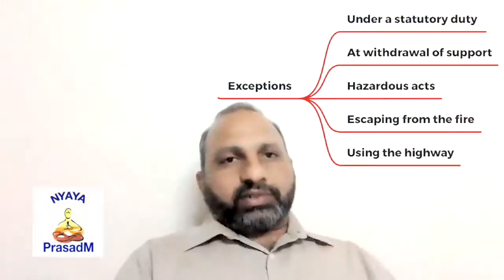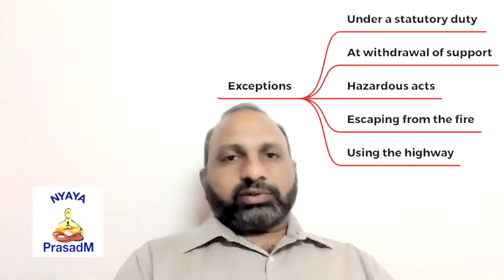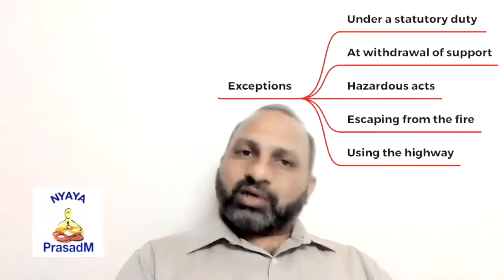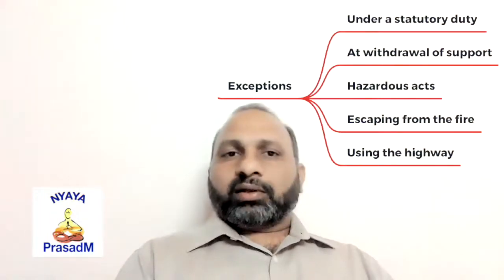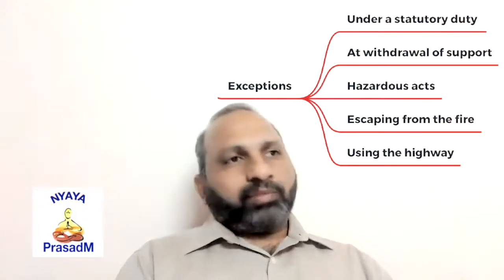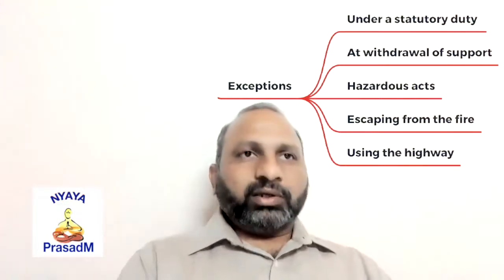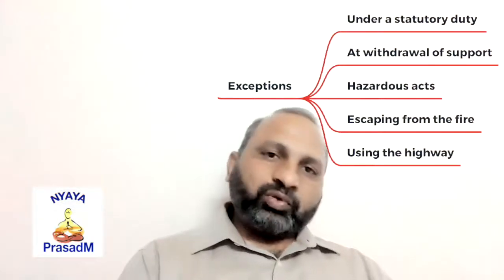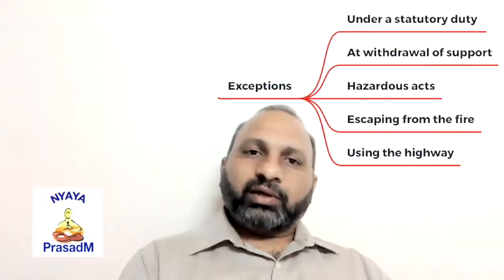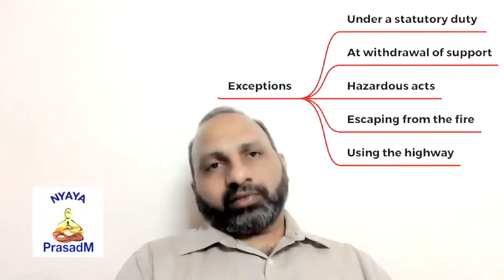Next is when such liability is involved with some hazardous act, or the next one is escaping from the fire, which means the act of liability happened during the course of escaping from the fire. And the next one is while using the highway.